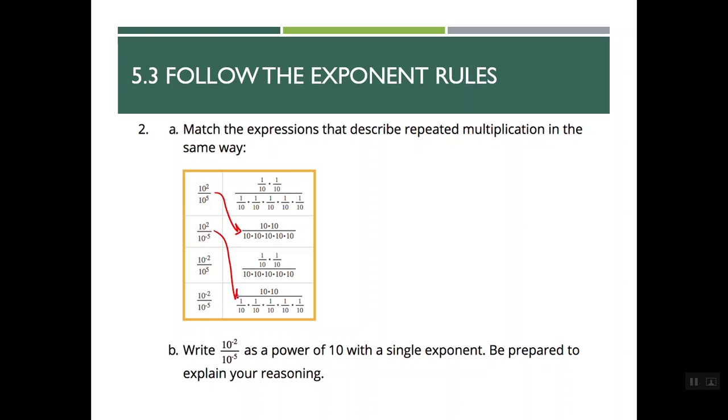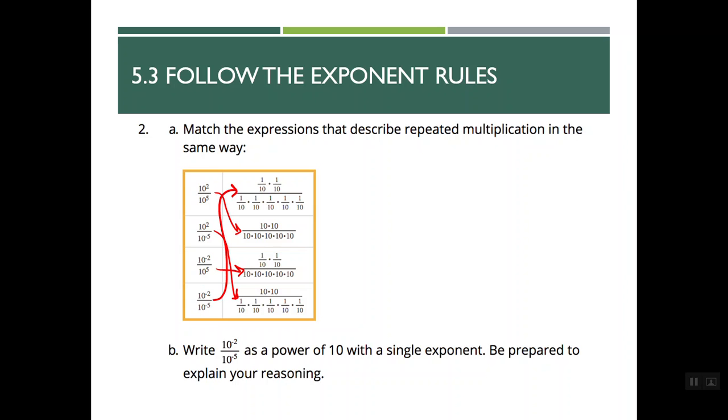That's down here. 10 to the negative second over 10 to the fifth, that's 1/10 times 1/10 on top. Remember, that's putting that 10 on the bottom, the 1/100th. And then 10 times 10 5 times on the bottom. That's here. And this last one, we've got both negatives, 10 to the negative second, 10 to the negative fifth. That's going to be fractions on top and fractions on bottom. That's going to be this one here.